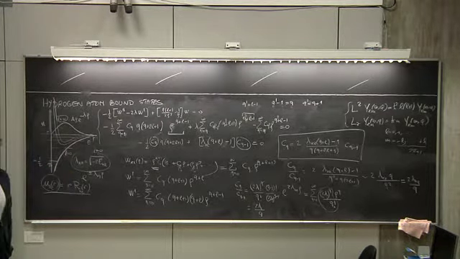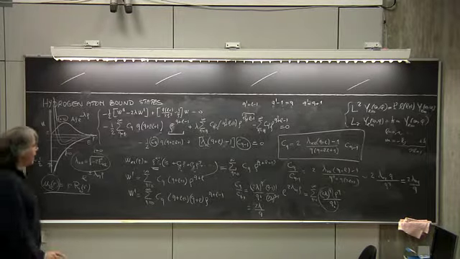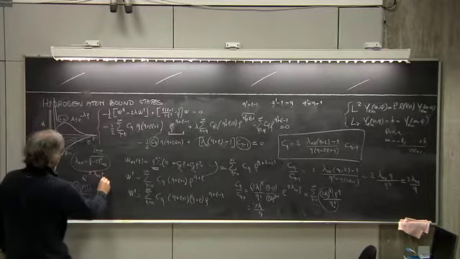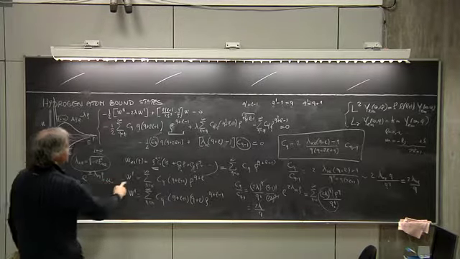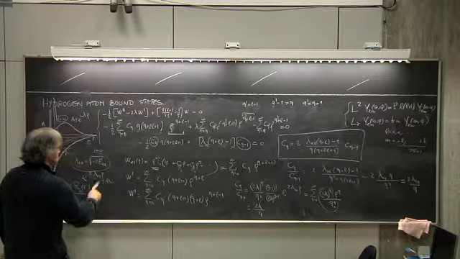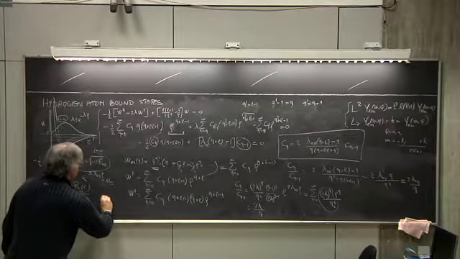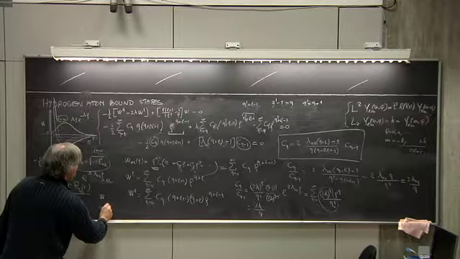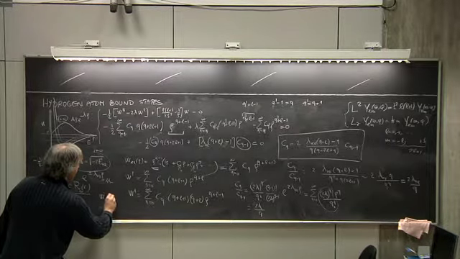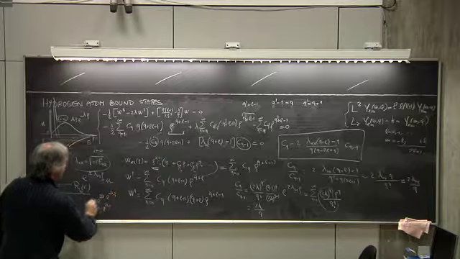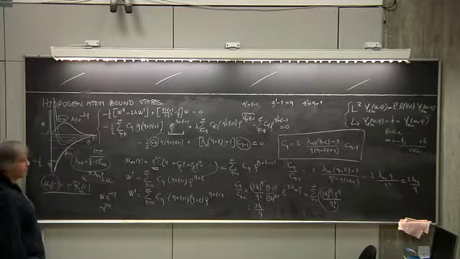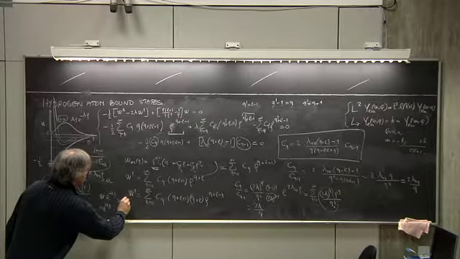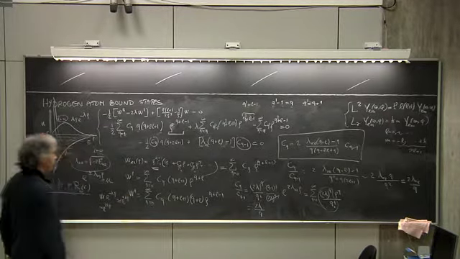We want the one with the minus. But now, I have the one with the minus. Remember that this is u, and this is only w. So if I take a w which goes like e to the 2 lambda rho, and I multiply by e to the minus lambda rho, what do I get? I get that this thing behaves like e to the plus lambda rho.